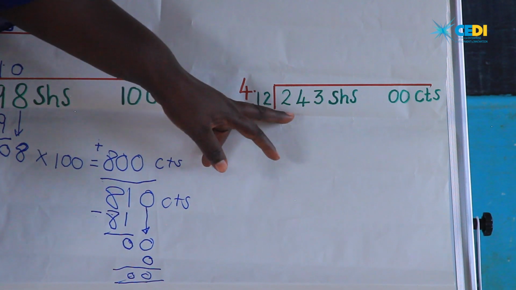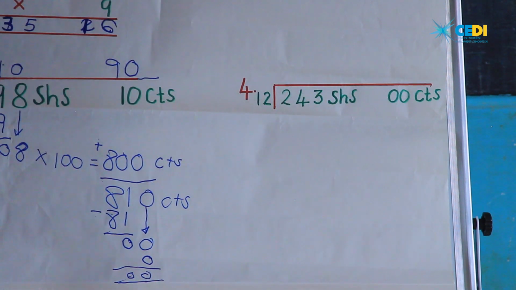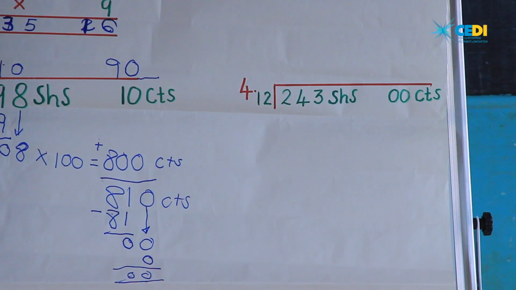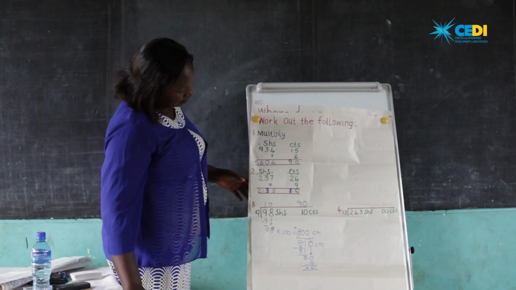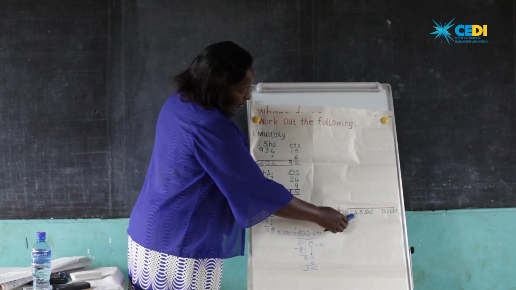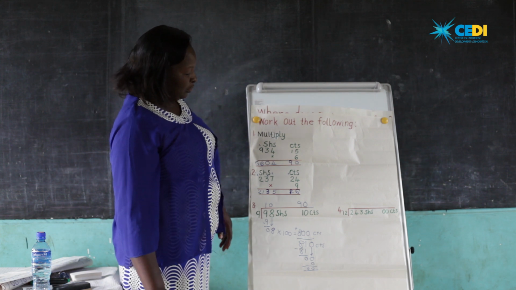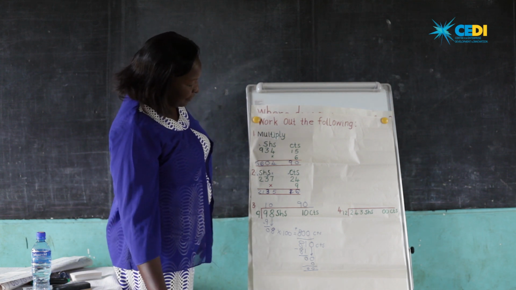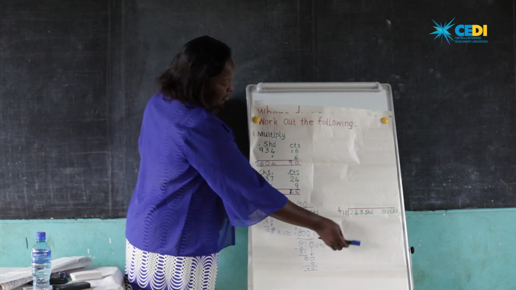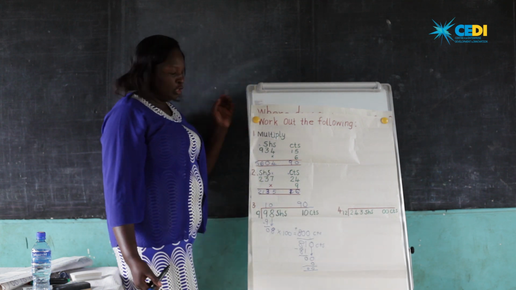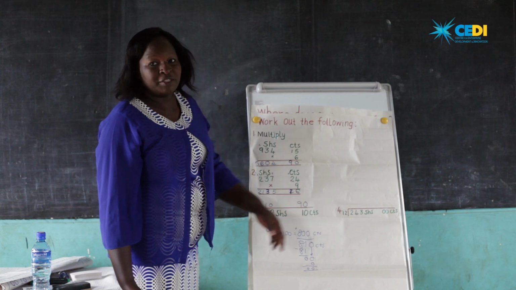So we have 243 shillings and 0 cents to be given to 12 children. 2 shillings, 12 children. You cannot give. It will bring fights. So you move to the next column. Now we have 24 shillings to be given to 12 children.